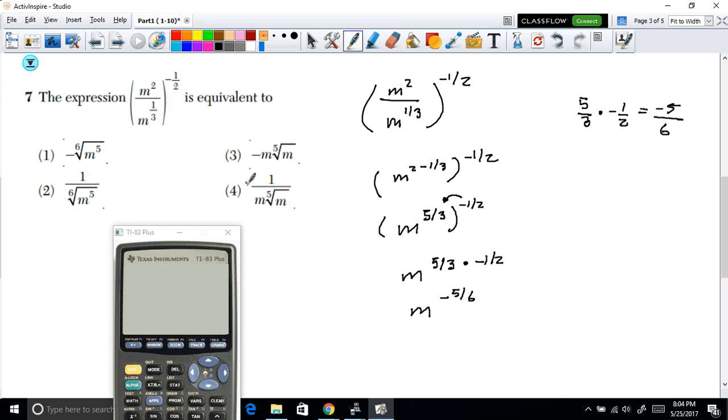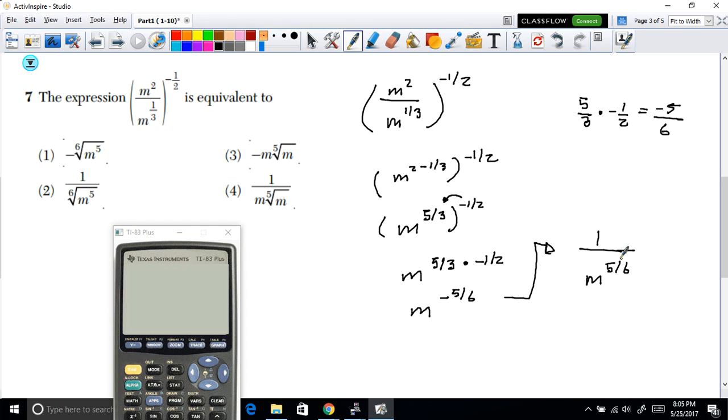So now we have the following. But now look at the options here. None of the options are written with negative exponents. So we got to rewrite the exponent because it's negative. And when you have a negative exponent and you want to write it as positive, all you got to do is just put it over 1. So now this becomes 1 over m to the 5/6. But still, look at the options here.